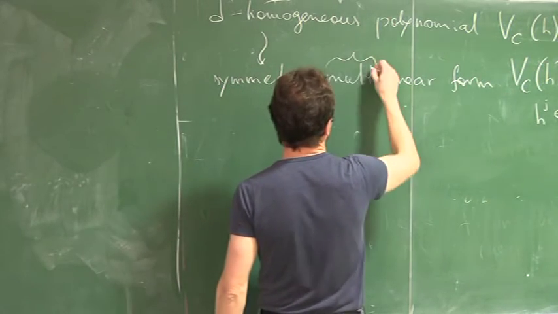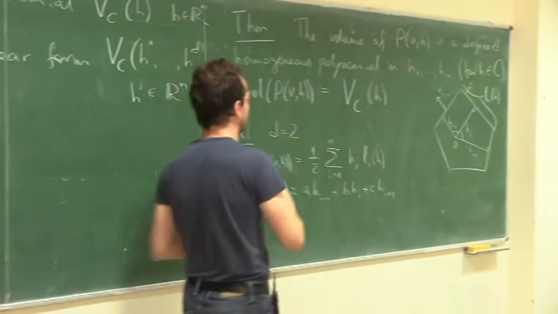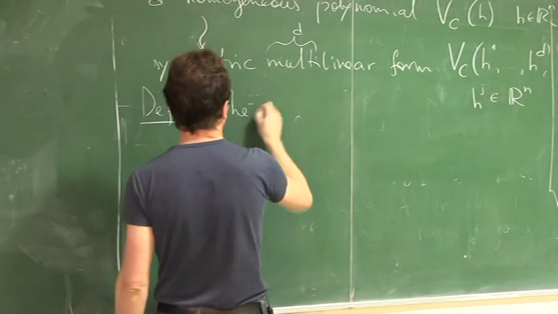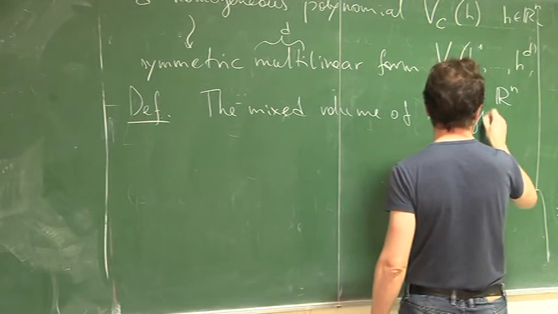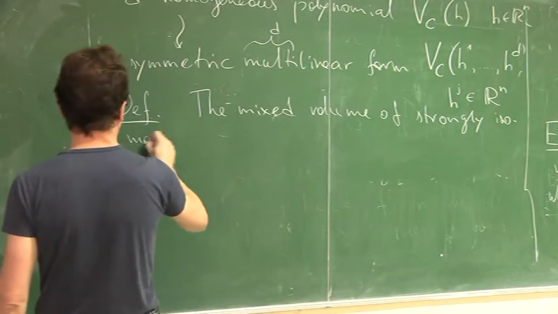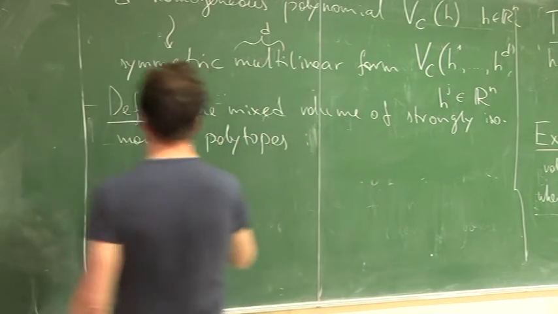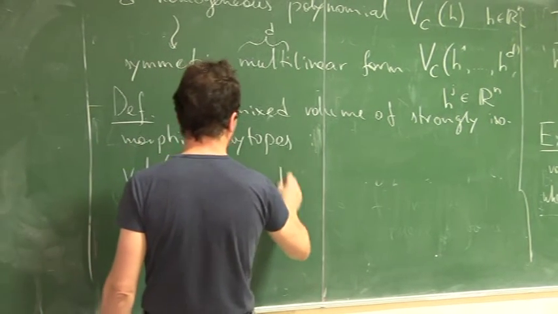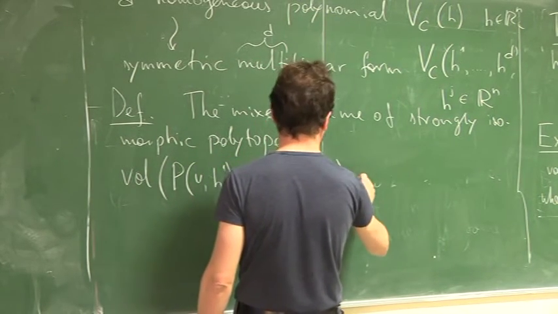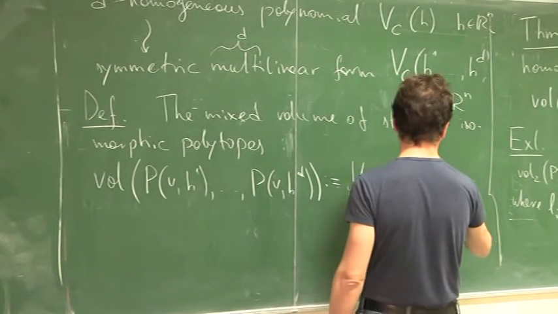So this is D-linear. And we just put by definition that the mixed volume of polytopes from our domain, so of these polytopes with the same combinatorics, the mixed volume of strongly isomorphic polytopes, I define as the volume of P of VH upper index 1, so on P of VH upper index D. This is exactly our symmetric multilinear form evaluated at H1, so on HD.